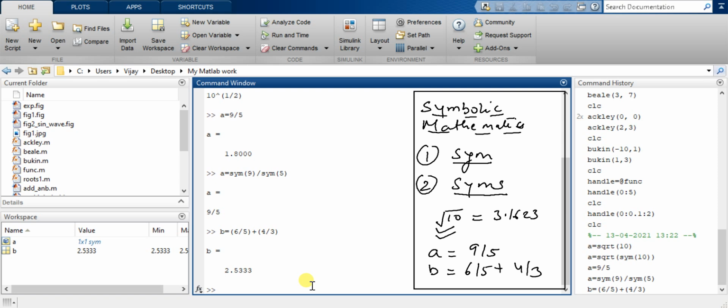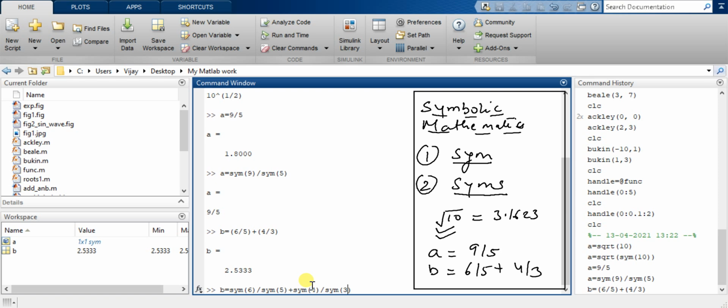If we want to use this in the form of symbolic objects, we can make the command b equal to sym 6 divided by sym 5 plus sym 4 divided by sym 3.